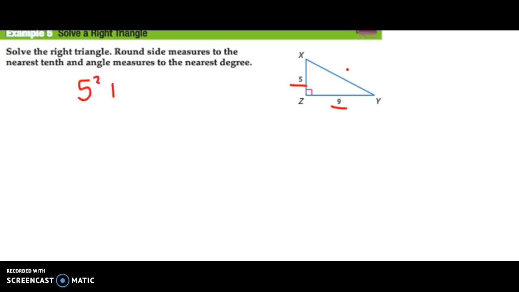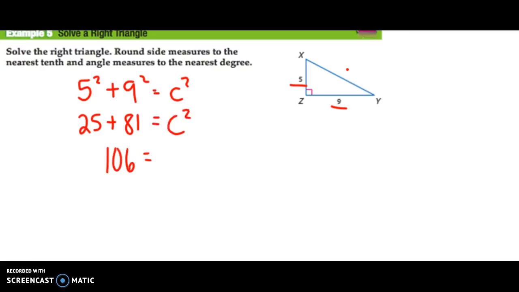So 5 squared plus 9 squared is equal to c squared. 25 plus 81 is equal to c squared. That's going to be 106 is equal to c squared. How do I get c? Square root both sides. So the square root of 106 is going to be 10.3.